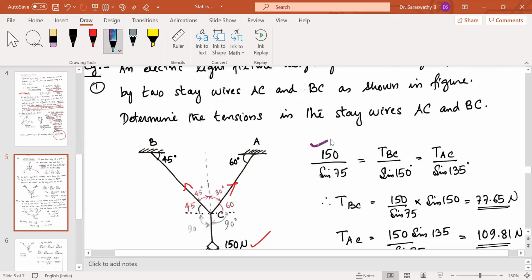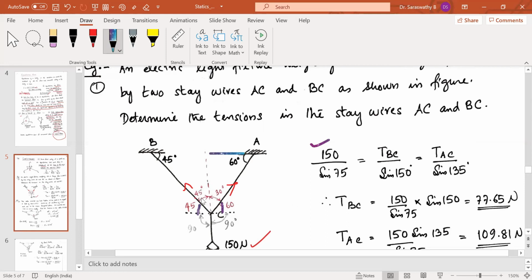I'm taking 150 divided by the angle between these two. This is 45 degree, so this is also 45. If this is 60, this is 60. So this is a right triangle. If this is 60, this angle is 30. This is 45. So this angle will be 45 plus 30, 75.